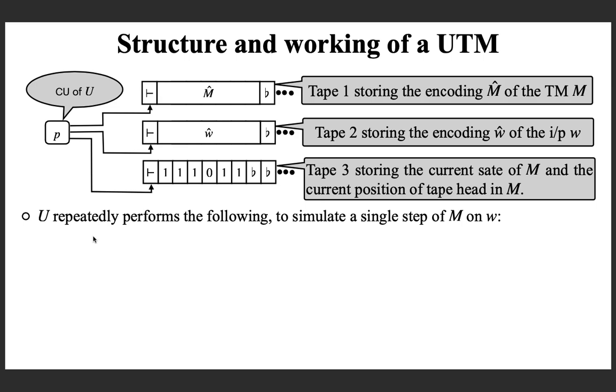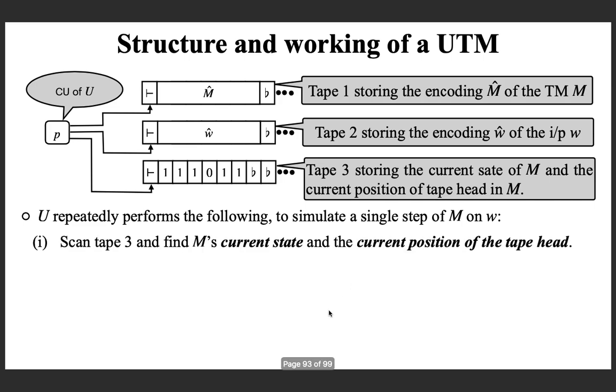and what this does is the universal Turing machine repeatedly performs the following to run or simulate the execution of M on W. And what is it saying? Scan tape 3. When it scans tape 3, it can find the current state and the current position of the read write head of the machine M. Okay.